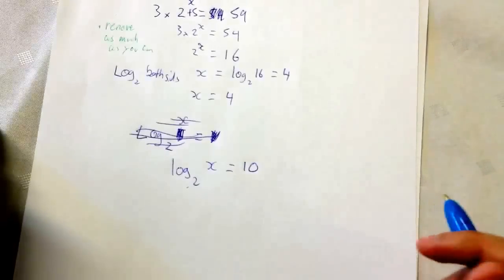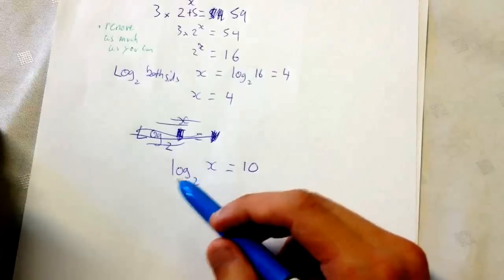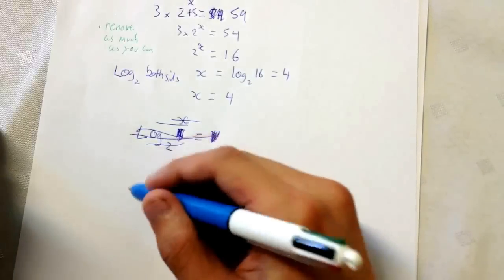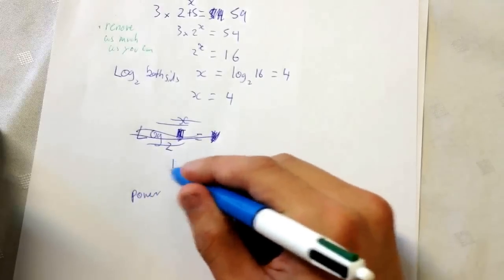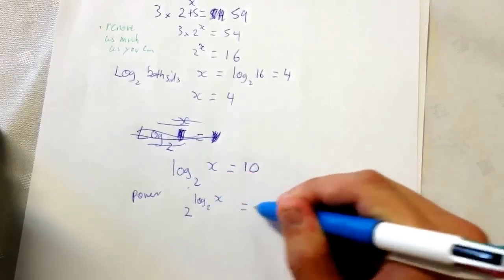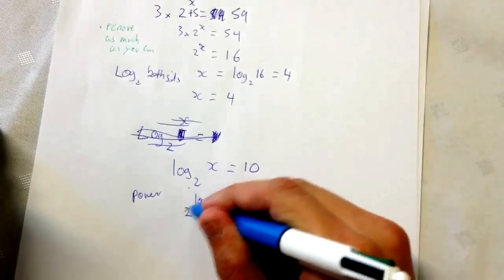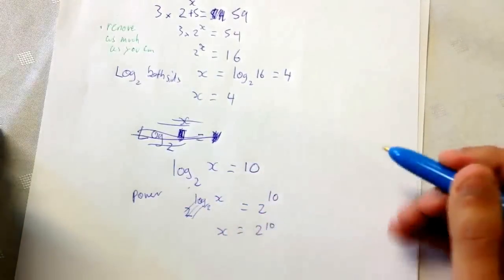Let's say I want to figure out what x is. What we do, to get rid of the log 2, is do the opposite. So we power both sides by 2. 2 to the power of log 2 x equals 2 to the power of 10. And just like before, now they cancel out and the x comes down. x equals 2 to the 10.